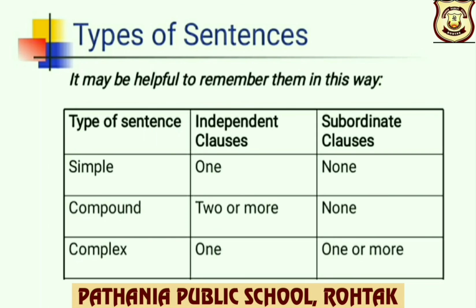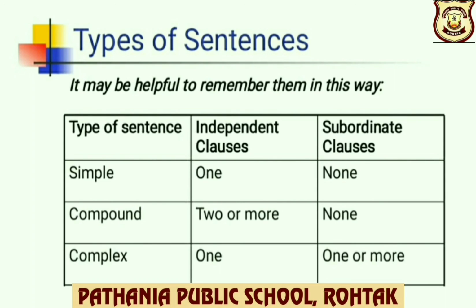At last, remember this table, children. It will help you in identifying the types of sentences. Simple: one independent clause, and there is no subordinate clause in a simple sentence. Compound sentences consist of two or more independent clauses, and there are no subordinate clauses in compound sentences.